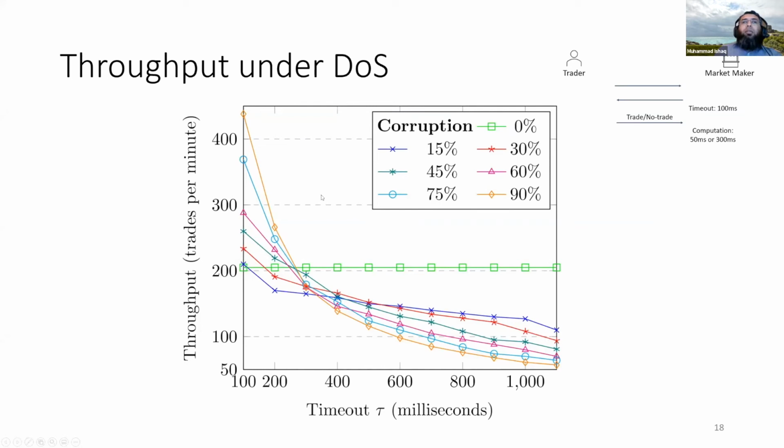So the corrupt traders who go away, the market maker assumes that they are not willing to trade, and he actually ends up computing the cheaper message in the last round of 50 ms. So as long as this timeout is less than the time that it takes for the market maker to compute the expensive message, if you increase corruption, the throughput would actually go up.